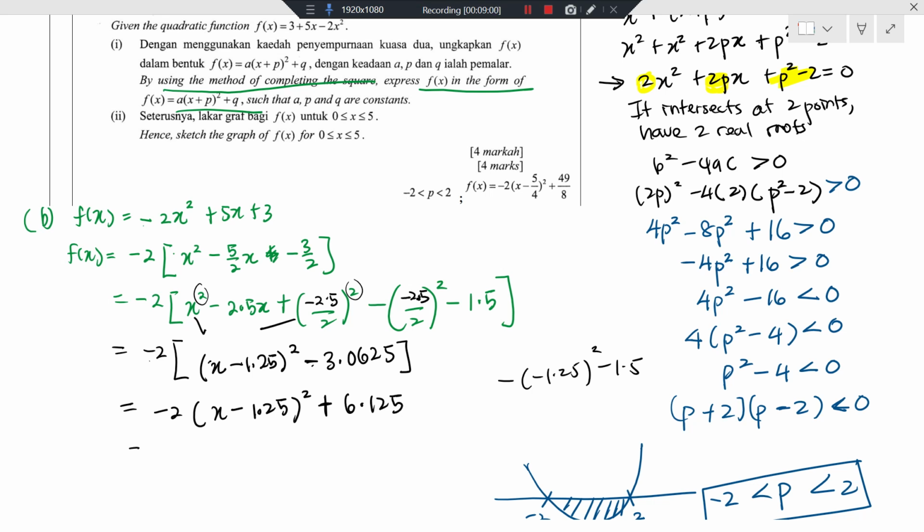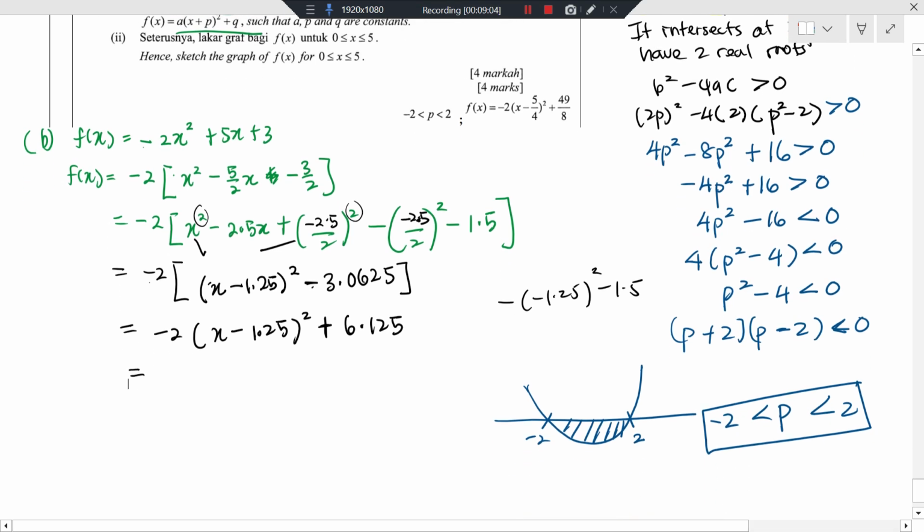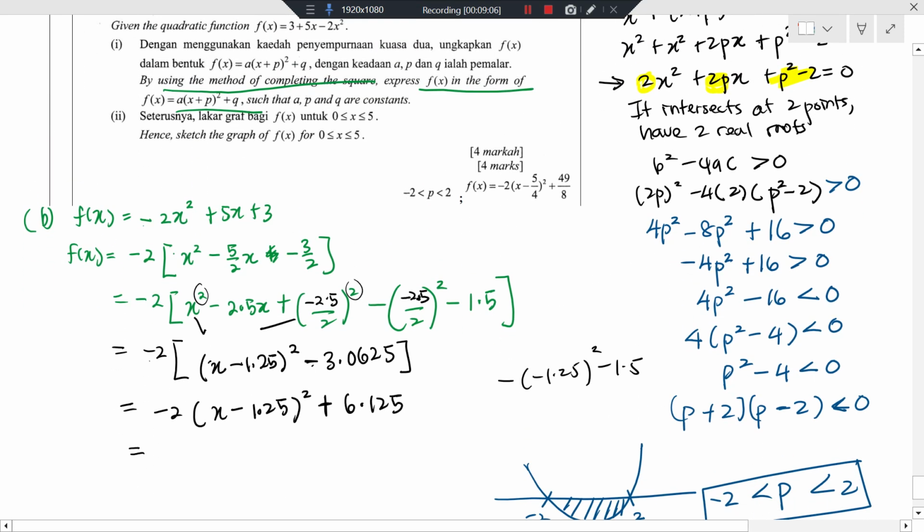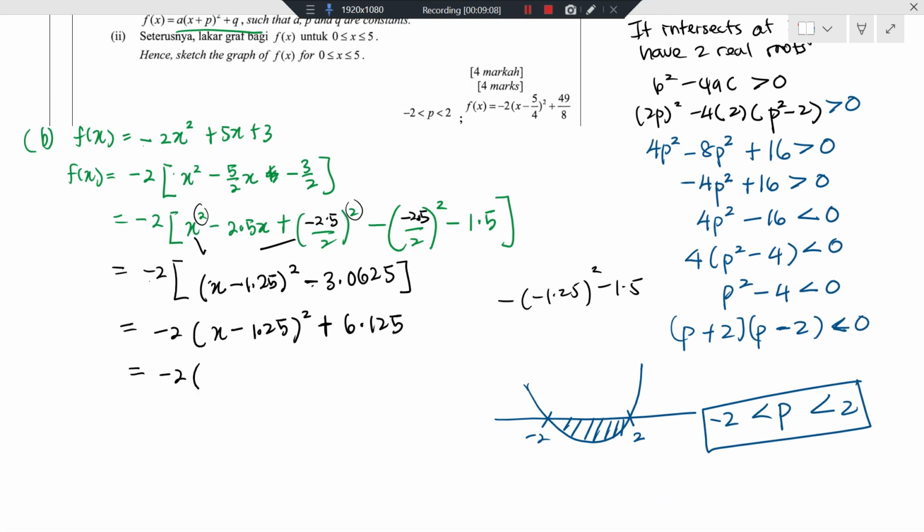And then the final answer, you can make it fraction back. Not necessarily, but advisable or recommended to give in the fraction. So you just key in 1.25 in your calculator, it will give you the fraction. So (x minus 5 over 4) squared plus 6.125 is 49 over 8. So this is the required form.